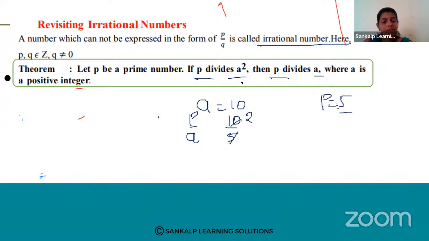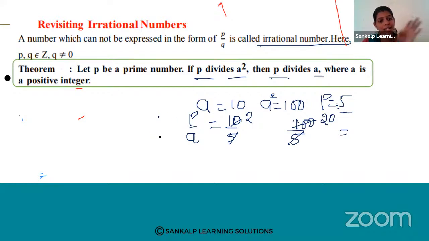Then A is 10, that means A square is equal to 100. P is 5, A square is 100. So 5 1s are 5, 5 2s are 10, therefore it is 20. This also divides. This is our revisiting theorem, where A is a positive integer.